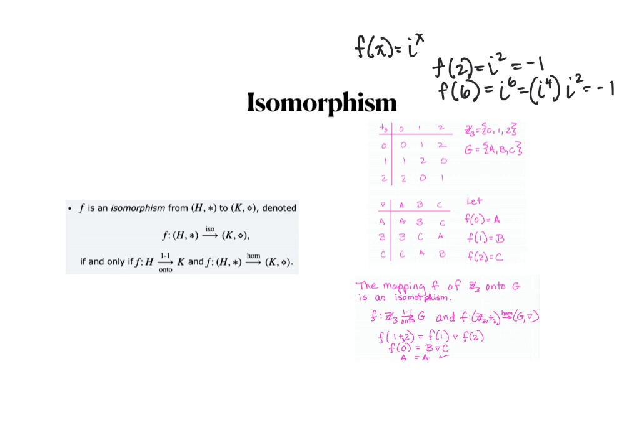So 2 goes to -1, and 6 goes to -1, and therefore it is not one-to-one. So our previous example was not an isomorphism.